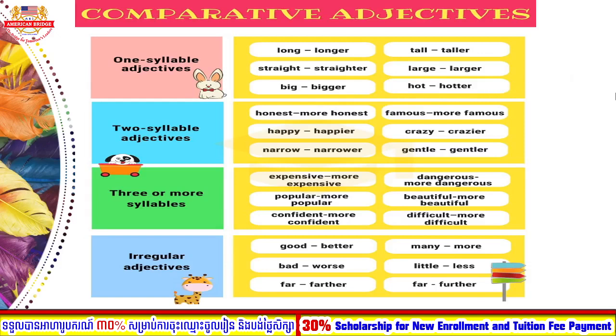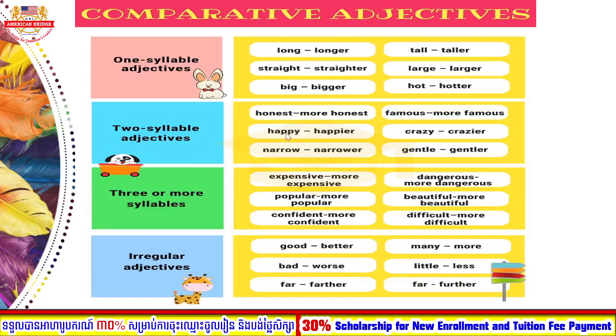Okay, so now let's move to two-syllable adjectives that you can read also. Some change to comparative with more, like famous, more famous, right? But if a two-syllable word ends in y, you need to change the y to ier. Look at this one, happy. Happy has the letter y at the end, so let me show you.